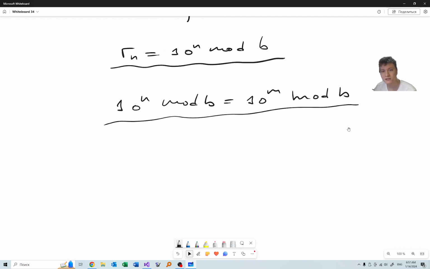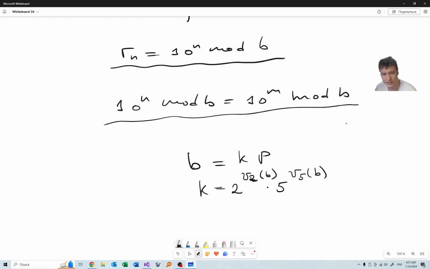And for that you need two things. First of all, let's consider B as the product of two numbers, k and p, where k is 2 to the power of as many 2's as there are in B, times 5 to the power of as many 5's as there are in B. And p is B over k.